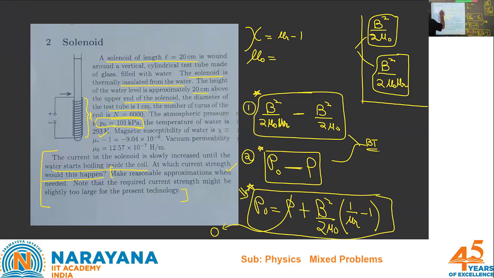Just check what that equation gets converted to. क्या आ रहा है आपका? It should come out as P naught is equal to minus chi B square divided by 2 mu naught. ऐसा कुछ आना चाहिए.